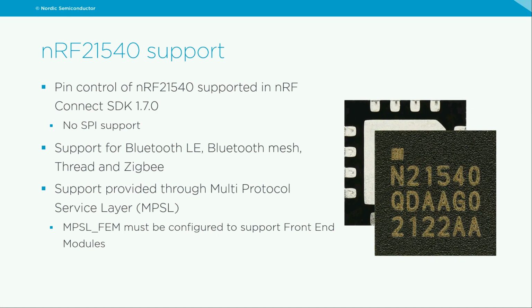One of them is to support for doing multi-protocol, as the name says, where you can do Thread, Zigbee, and Bluetooth, and you can do them concurrently. But also a new feature with the multi-protocol service layer is that we integrate the support for the front-end module control. We have support in there today for the 21540 and also for a generic support that can be adopted for other front-end modules than the nRF 21540.